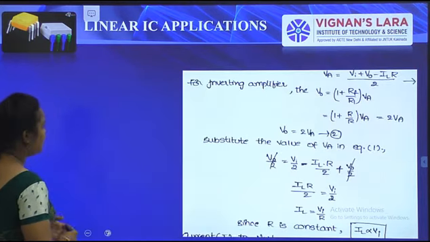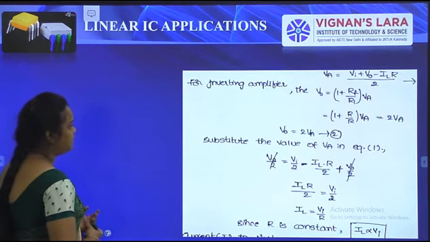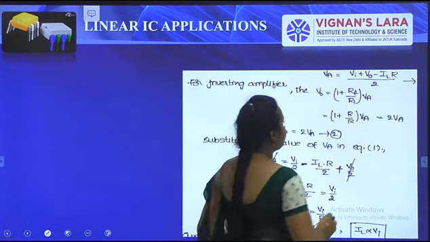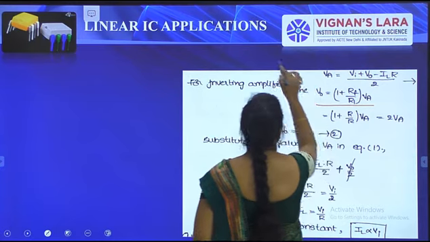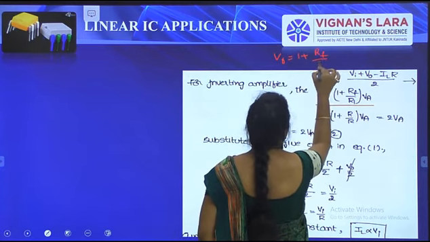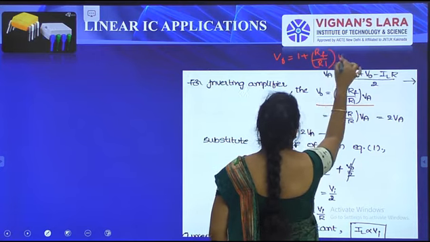For the non-inverting amplifier, we have the equation V0 is equal to 1 plus RF by R1 into VA.